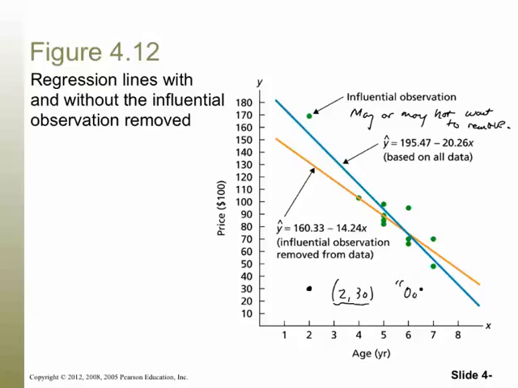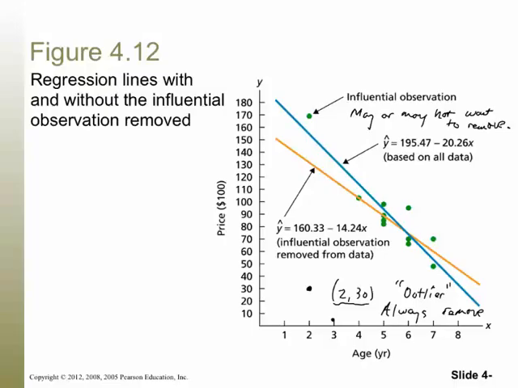When do you remove this? Always. You don't want this in your data set, so you're always going to remove an outlier. How do you tell the difference between an outlier and an influential observation? With an outlier, clearly something's wrong. It's not in the trend.